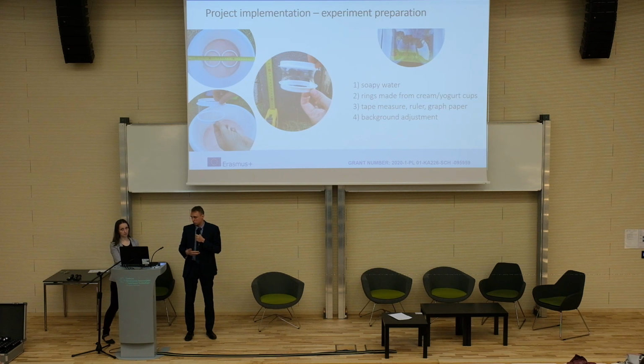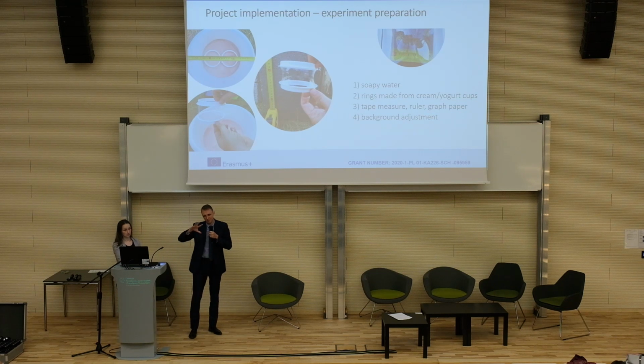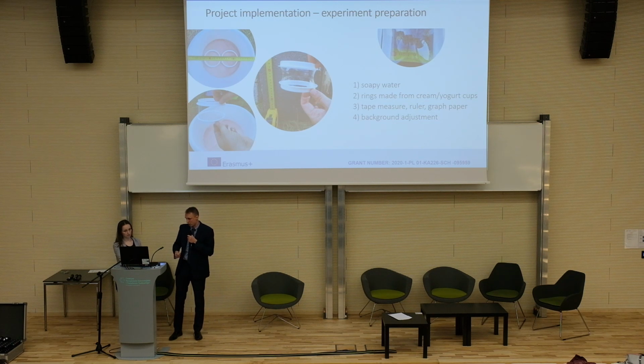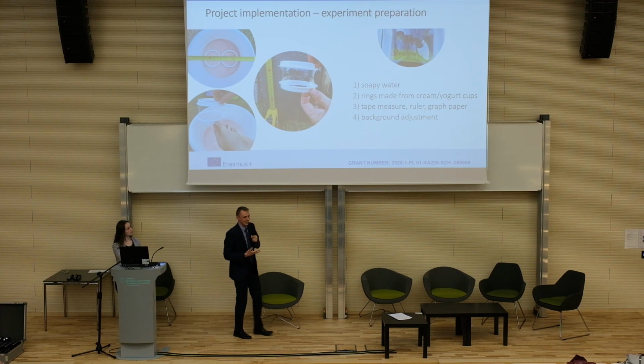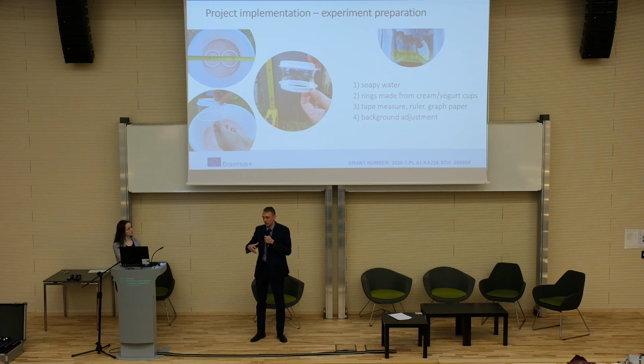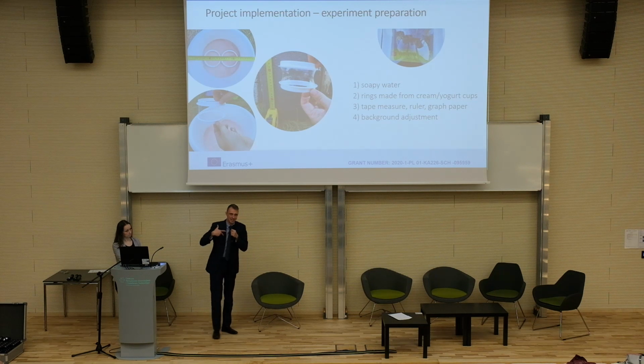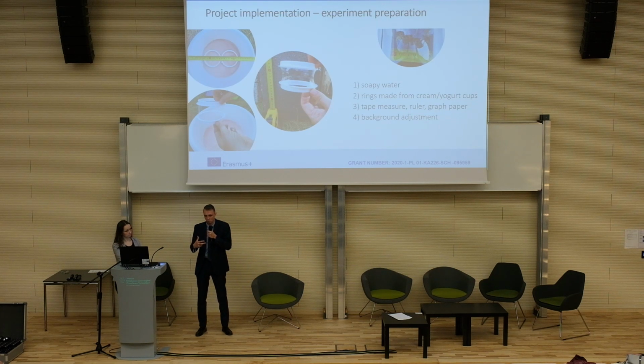Next, tape measure, ruler, graph paper for taking approximate measurements, on which I'll develop later on. And background adjustments. So they definitely needed a certain background. They needed certain circumstances to make it more meaningful and logical.